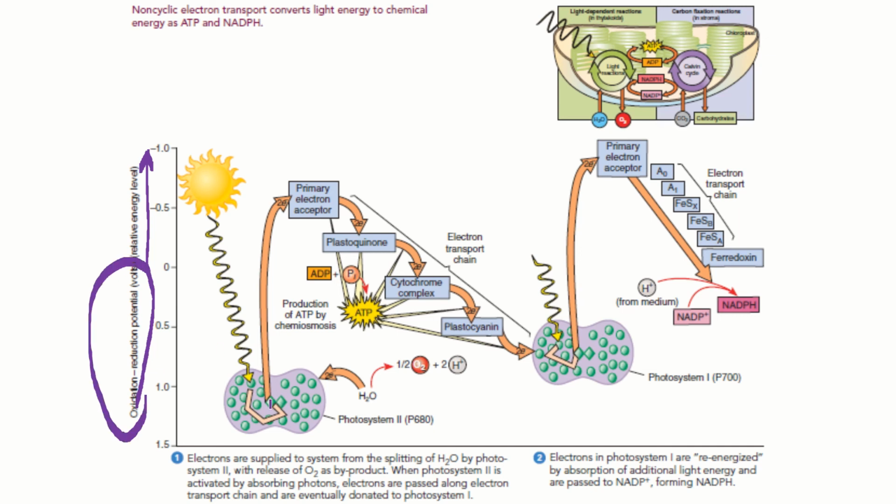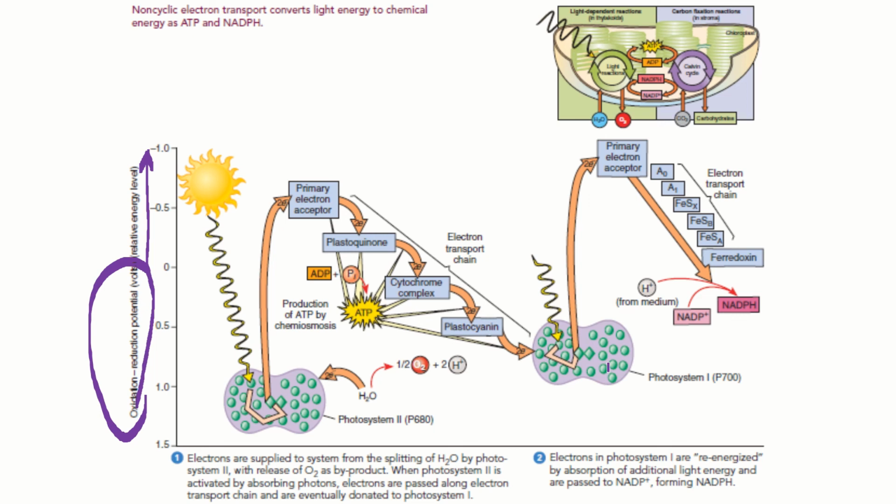So here there is the reaction center. Here is the primary electron acceptor. From the diagram it is very clear that the primary electron acceptor is at a higher oxidation reduction potential compared with the reaction center. That's all. And it is then given to plastoquinone at a lower potential, then to cytochrome complex, then to plastocyanin, etc. In some of these stages, ADP is being used for synthesis of ATP, and it is reaching photosystem 1.